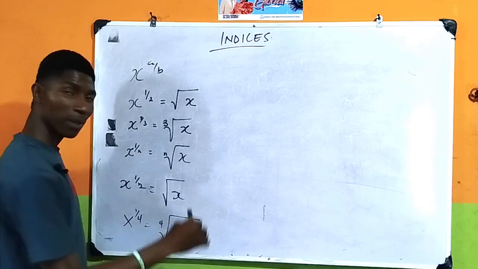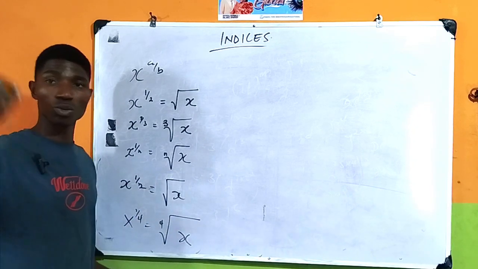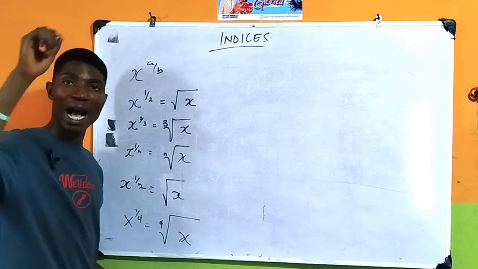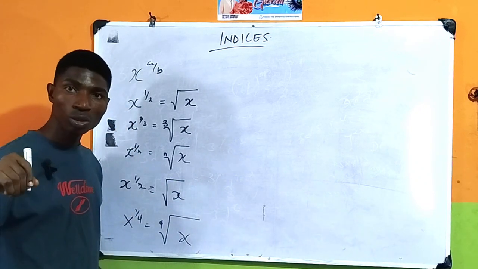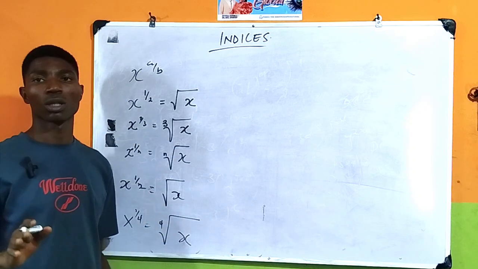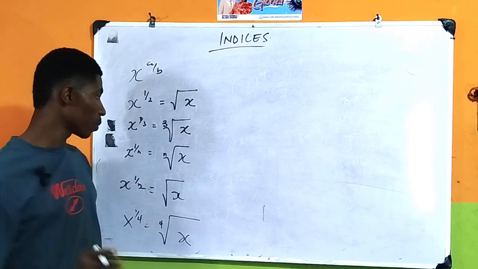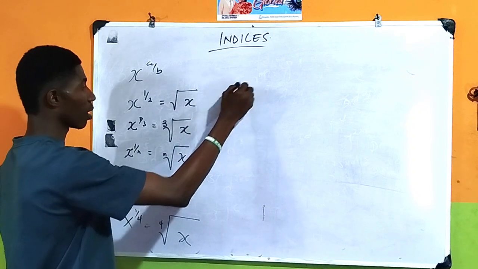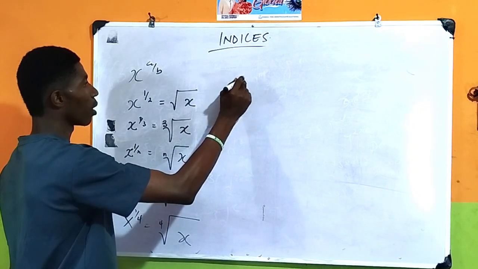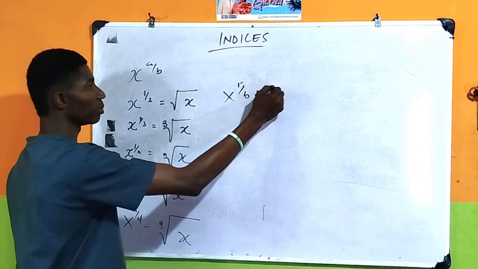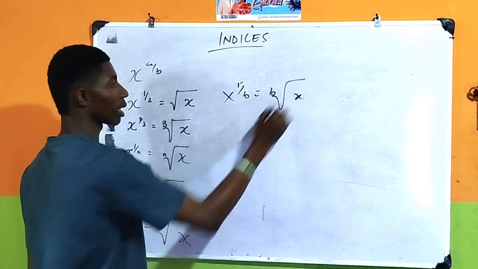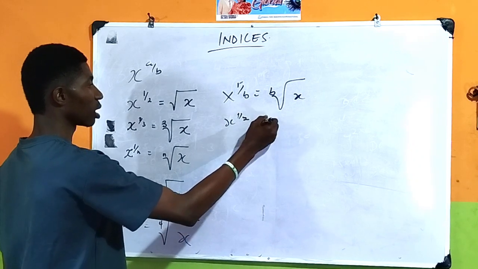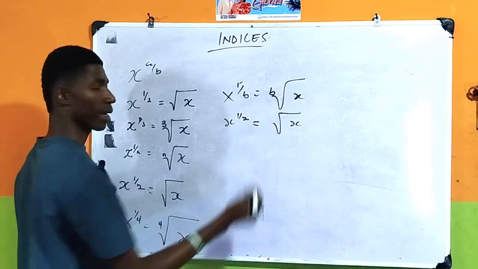X power 1 over 5 is the same as the 5th root of x. But x power half, x power 1 over 2, is just the square root of x. Hope it's clear. So x power 1 over b is the same as the bth root of x. X power 1 over 2 is just root x.